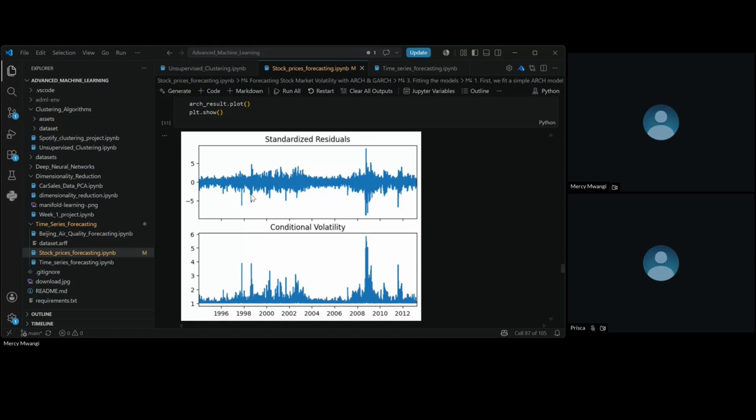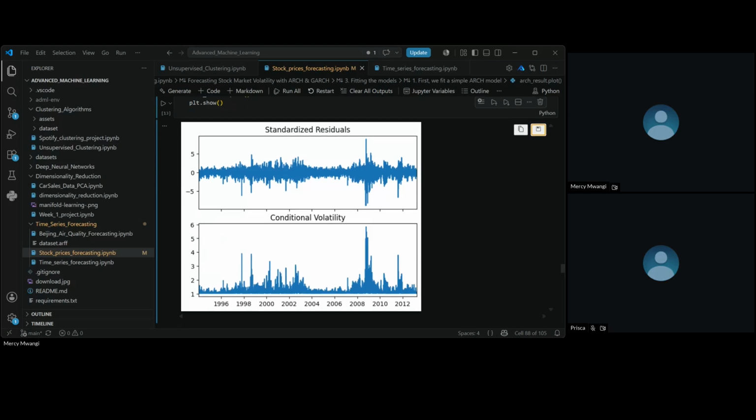It hasn't learned that temporal dependence properly. Good. The second graph is just conditional volatility. We said it's conditional. Periods of high volatility follow each other. Where is the clustering? So you can identify places of clustering. Here is a low cluster, here is a high cluster, high cluster, high cluster.